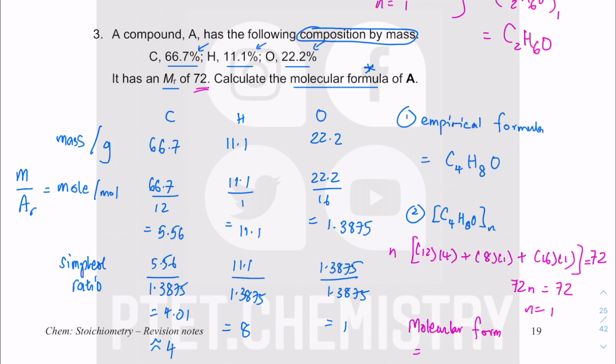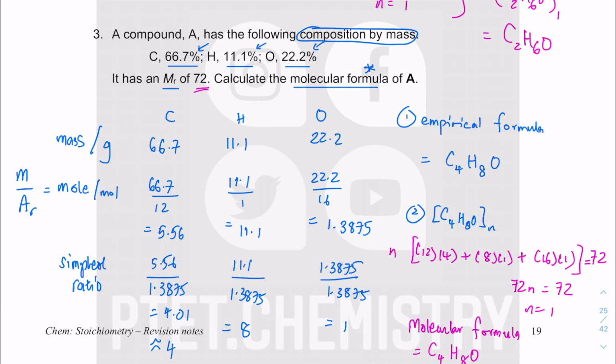Molecular formula: it's exactly the same as the empirical formula, because based on the Mr, the multiple of how many empirical formula units I have, n, turns out to be 1. Therefore, I just have this whole thing multiplied by 1. So it's C4H8O, exactly the same as the empirical formula.